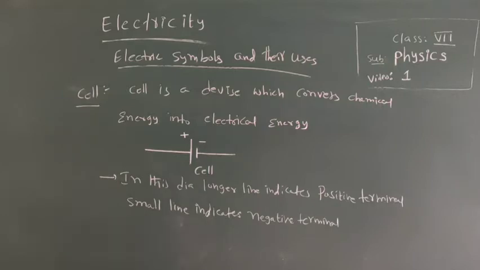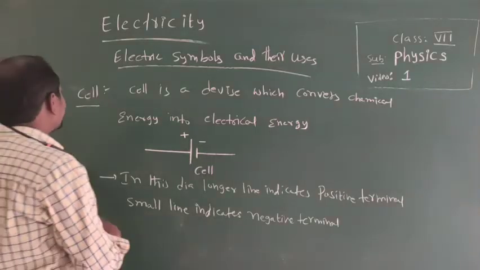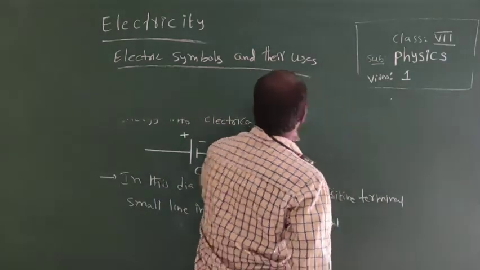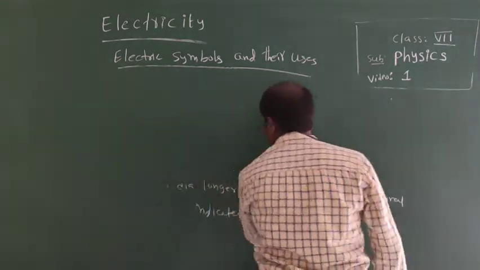Okay, next symbol, bulb. Sorry, I will explain the next one: battery. Battery means the combination of more cells.